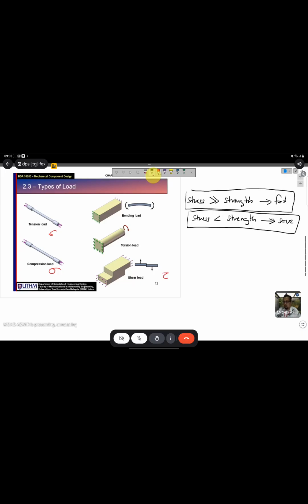And torsional load will also produce shear stress, tau. And the bending load will produce both, depending on the location. If you study at the top, it will produce normal stress, sigma. And if you study at the shear location, it will produce tau. That is just for bending load. So we have both kinds of stress, normal stress and shear stress.